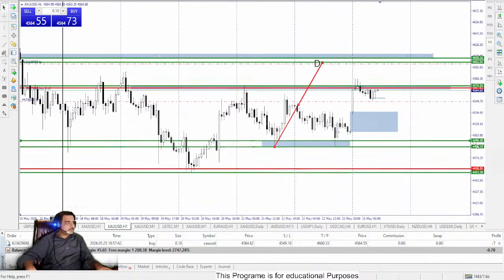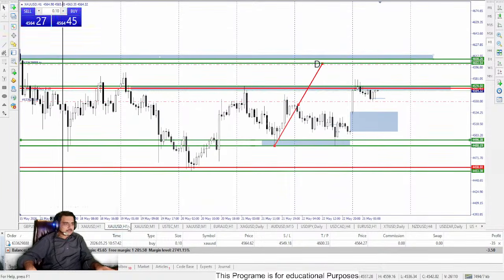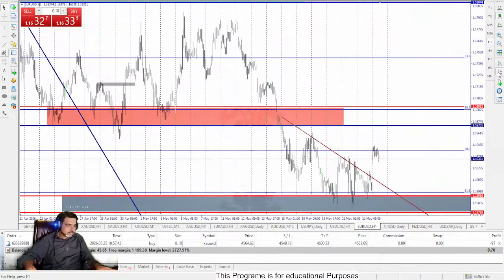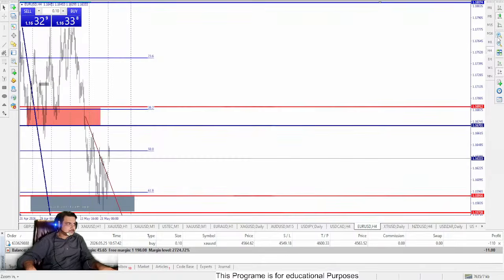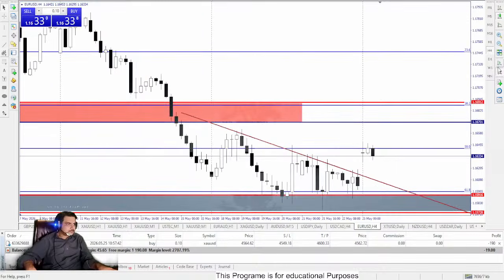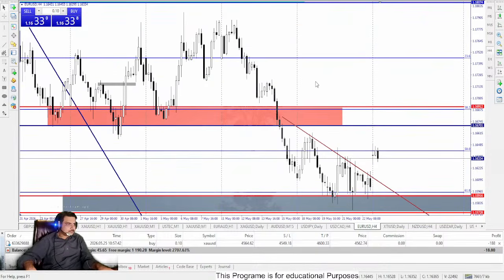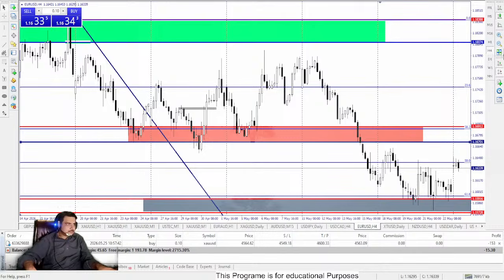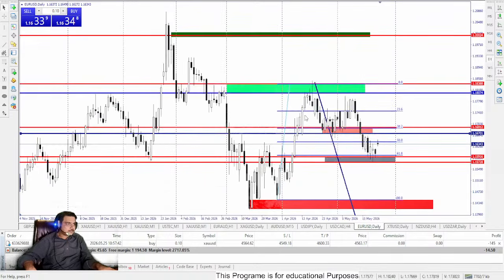So I hope you like this analysis of the gold. Now let's see the other ones. EURUSD first of all. See, this level is broken. So this is 61.8.